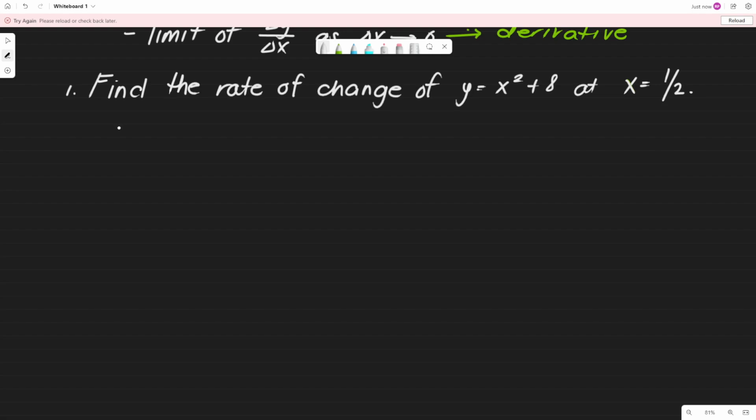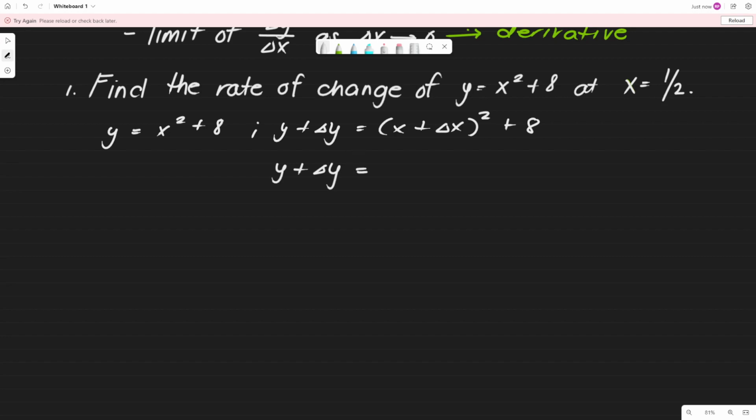So, we'll have y is equal to x squared plus 8. So, substitute, no? So, we'll have y plus delta y is equal to x plus delta x squared plus 8. No? So, we'll have y plus delta y is equal to x squared plus 2x delta x plus delta x squared plus 8.